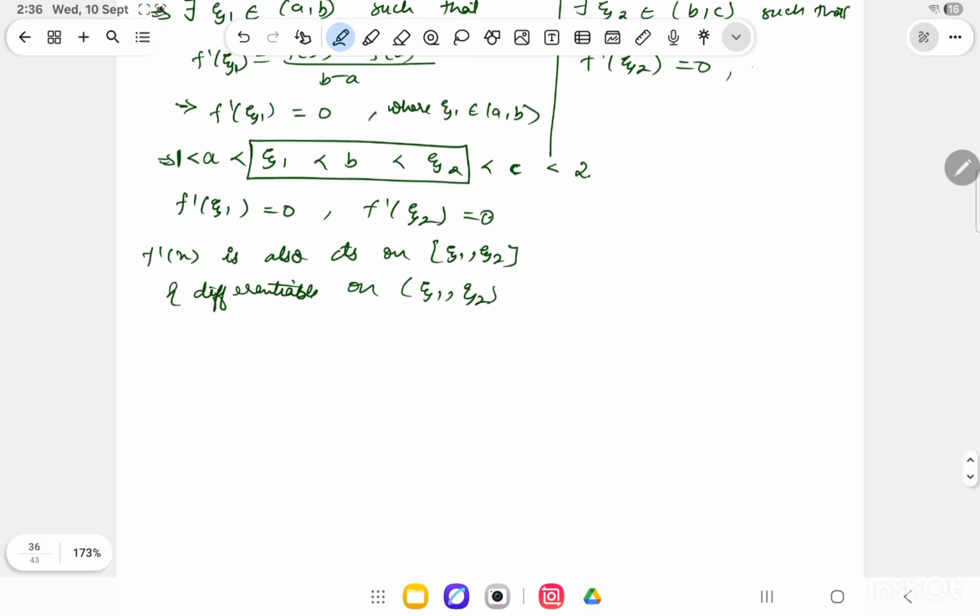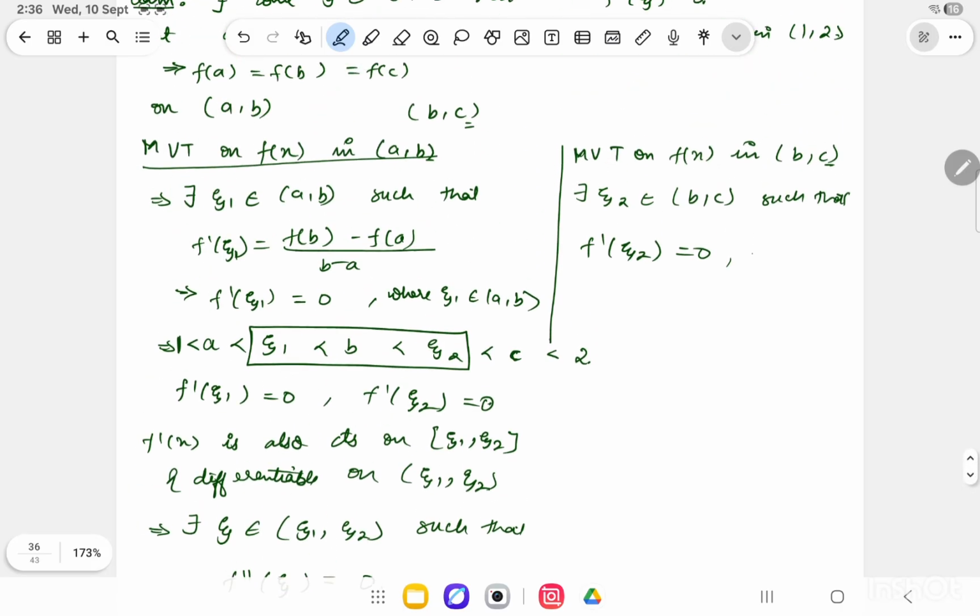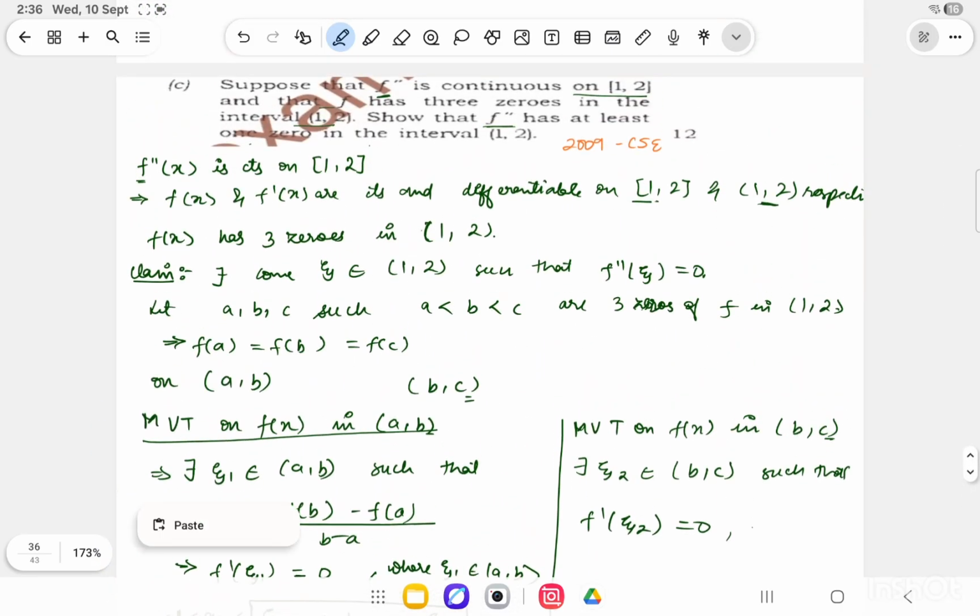So I can use Rolle's theorem here. So using Rolle's theorem I'll get a xi in the open interval (xi1, xi2) such that f''(xi) will be equal to 0. And that's what I guess we are supposed to prove.